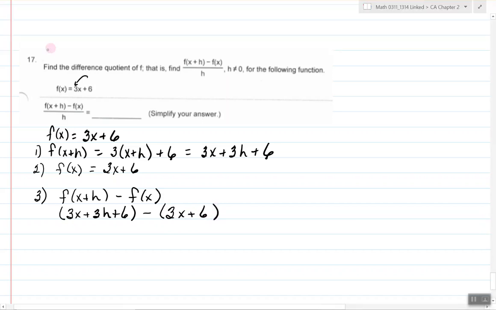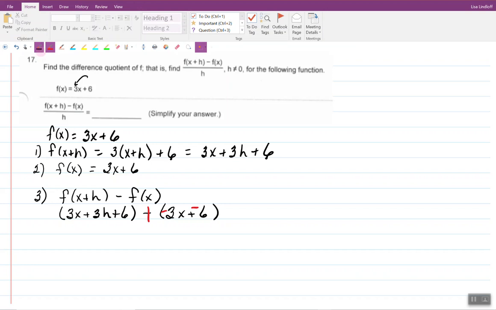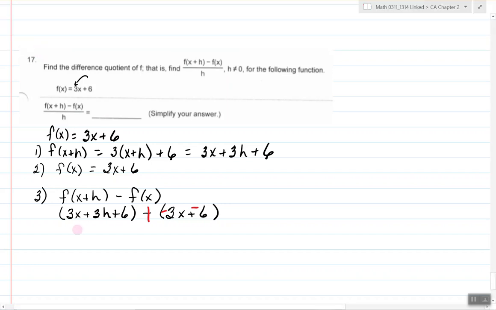Use my red pen. Change, change, change. So I'm going to have 3x plus 3h plus 6 minus 3x minus 6. The 3x's cancel, the 6's cancel.